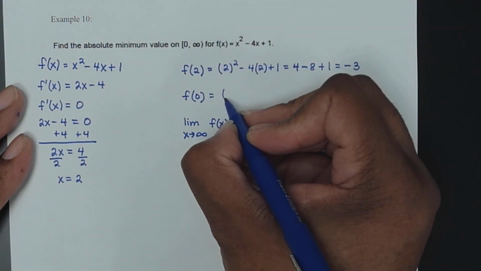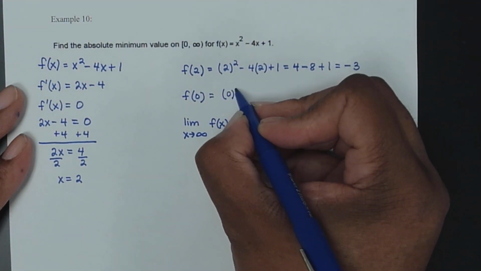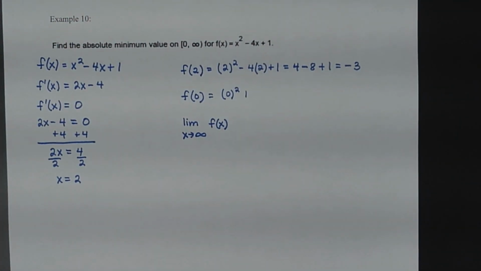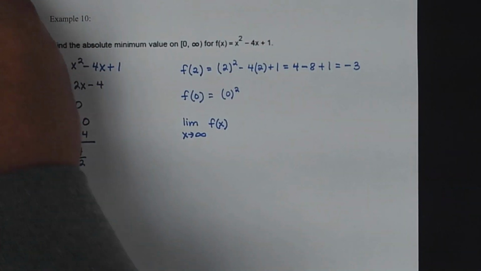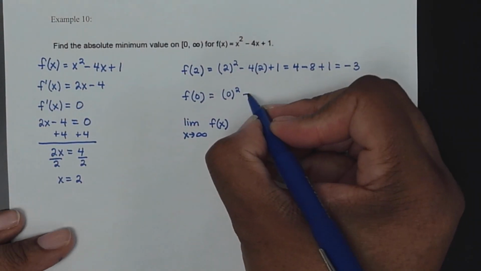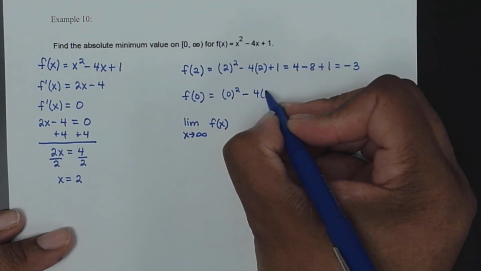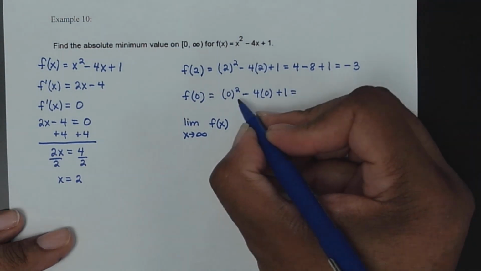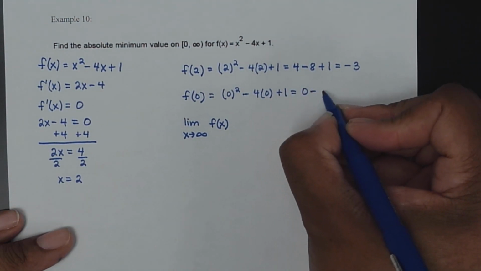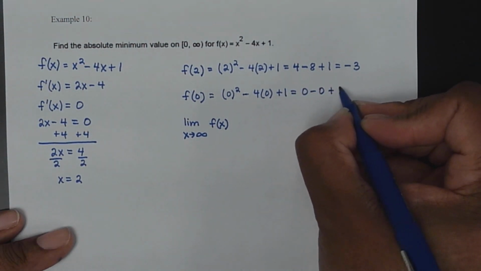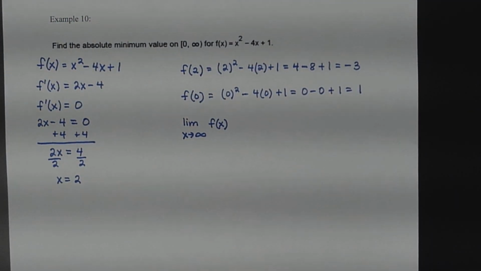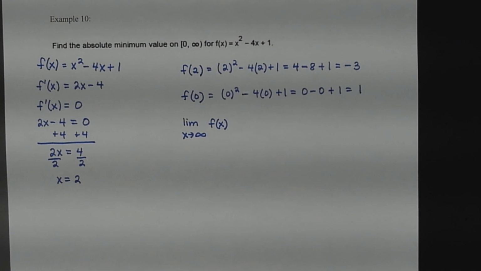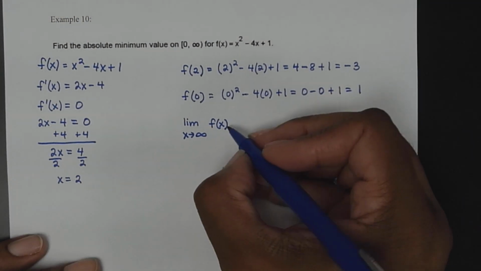And then for x equals 0, this will be 0 squared minus 4 times 0 plus 1. Well, 0 squared is 0, minus 4 times 0 is 0, plus 1. That ends up being 1. Now for the limit as x approaches infinity of the function f of x.